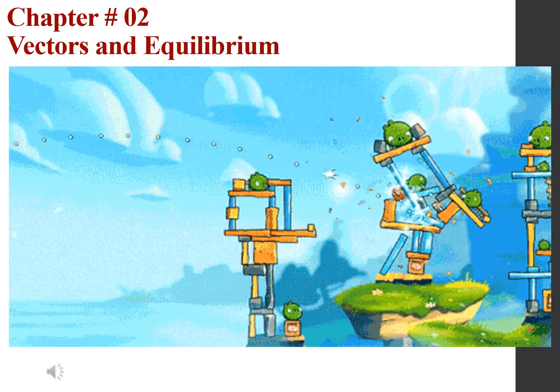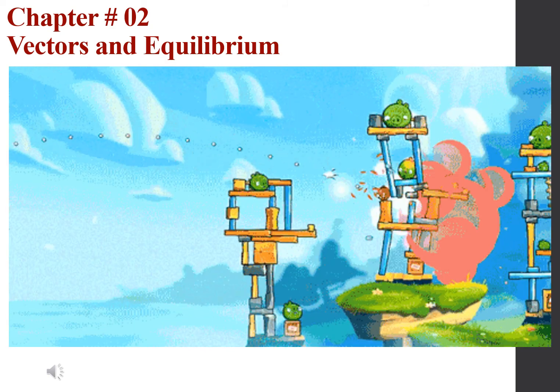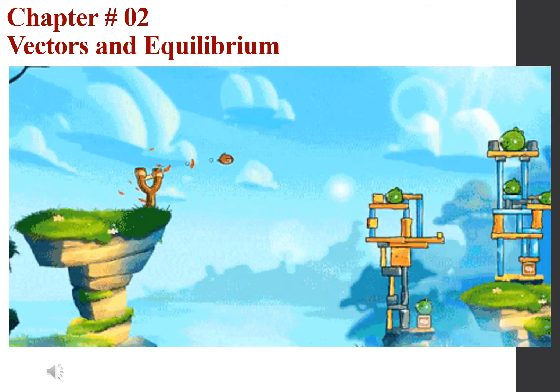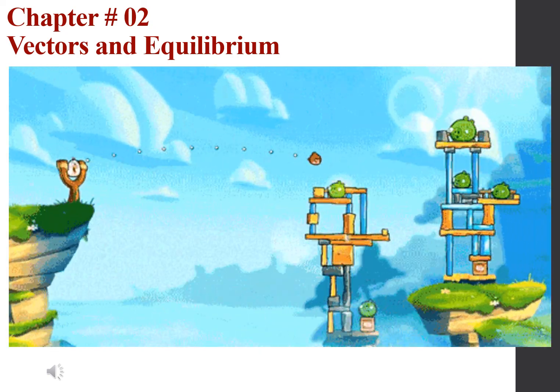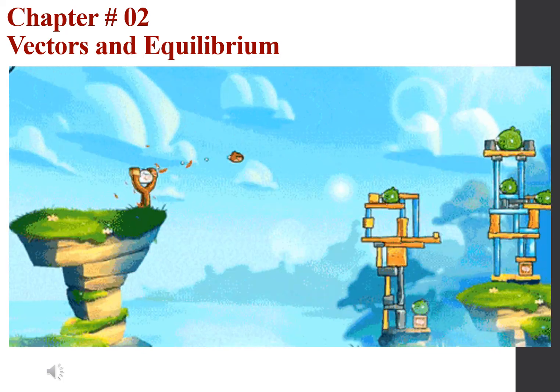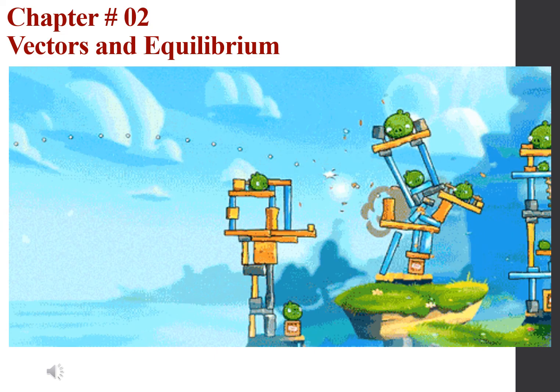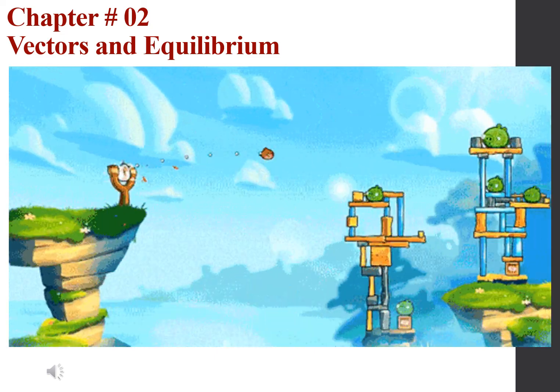Today we are going to start chapter number 2, Vectors and Equilibrium. Many of you may have played this game. You can see the launching of birds at different angles with different magnitudes or in different directions. It is the beauty of vectors.